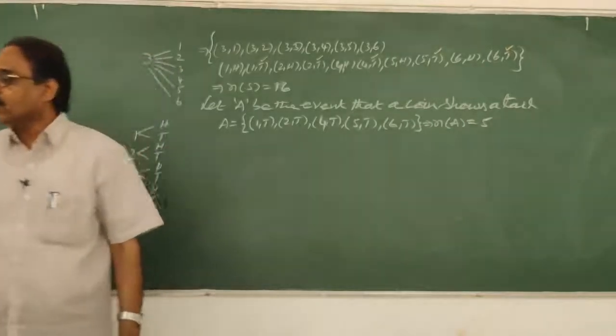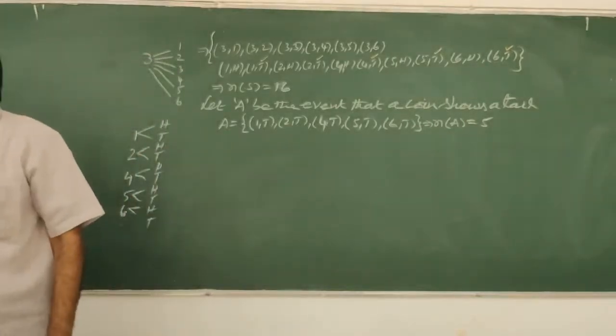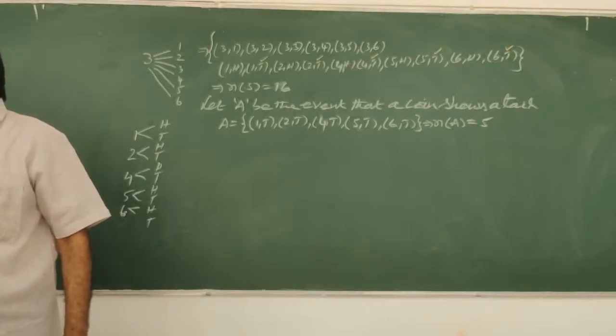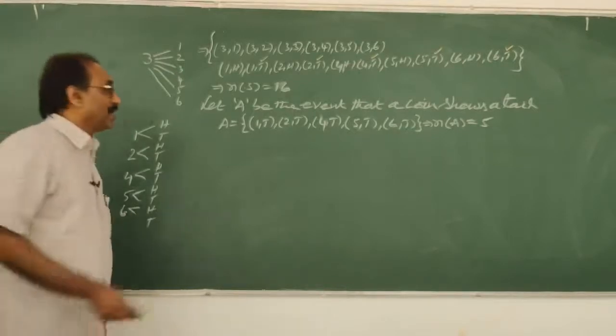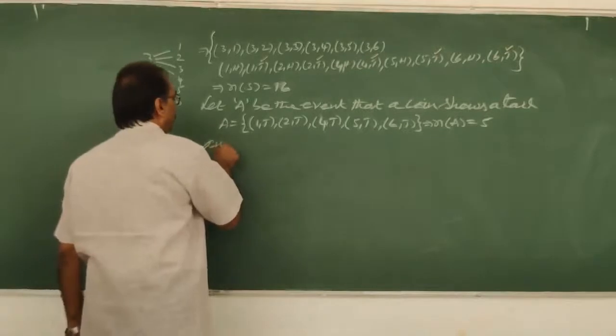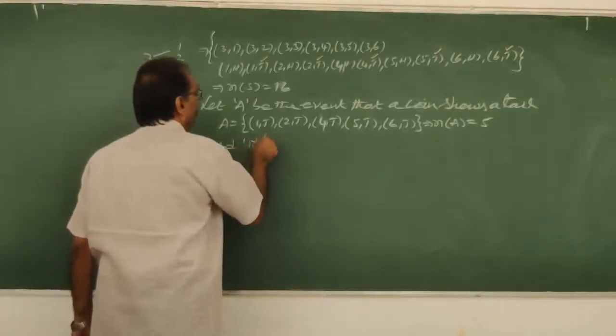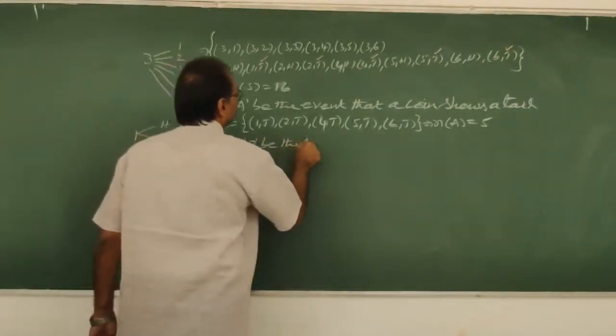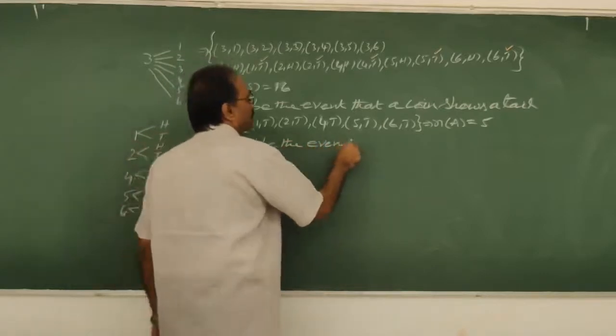Next, what is B now? It is said, given that at least one die shows a 3.